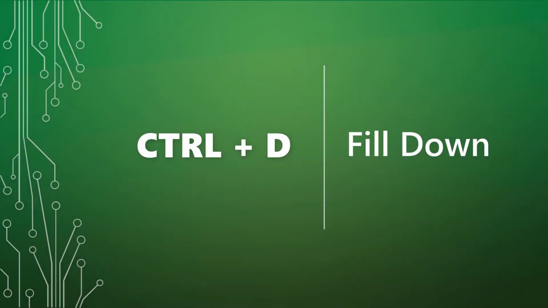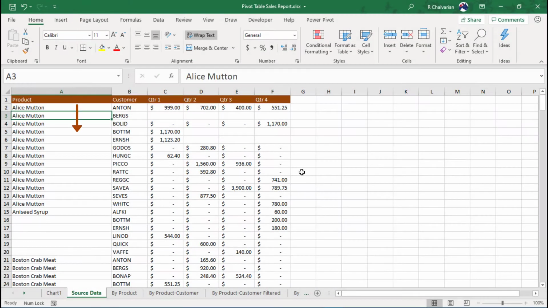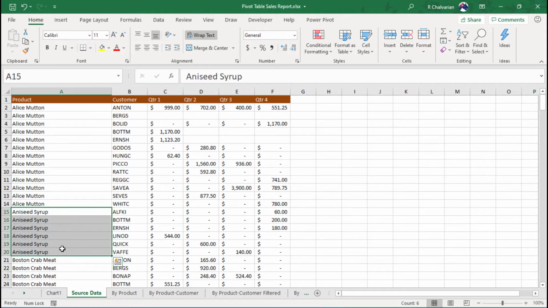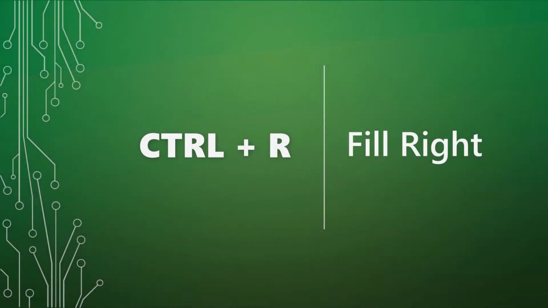Ctrl+D to fill down. A great keyboard shortcut to expedite data entry. R for right. Instead of down, this will fill to the right.